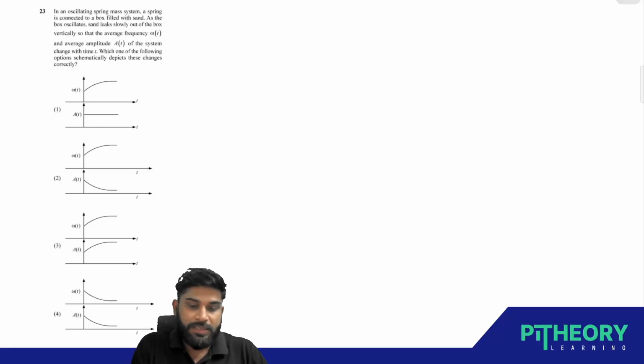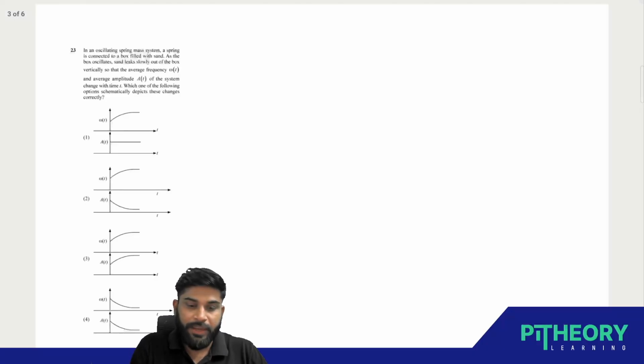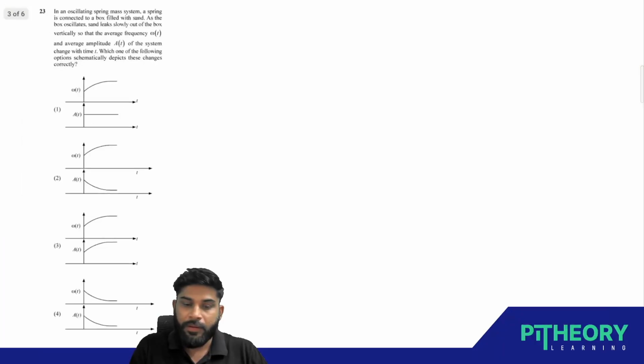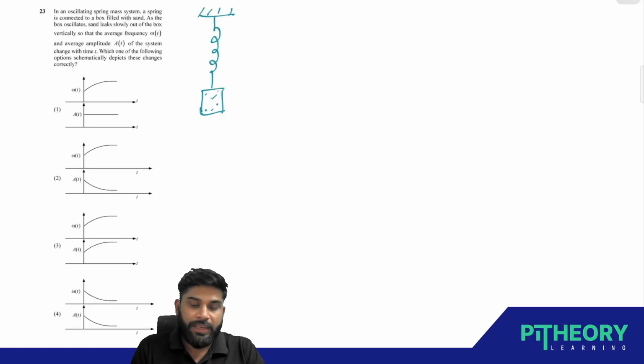What is the system we are having here? We have a spring. So here we have a spring mass system, correct? And this mass is actually the box that is filled with sand. Now this is hanging, so this is executing oscillations. Now think of it like there is a small hole in this, so the sand is leaking out of this.